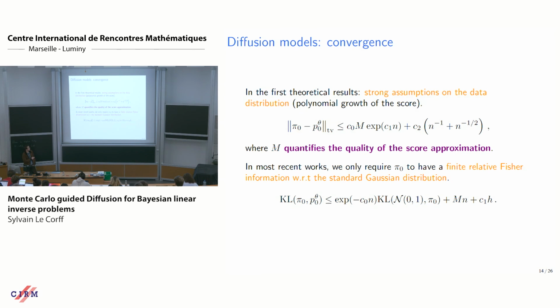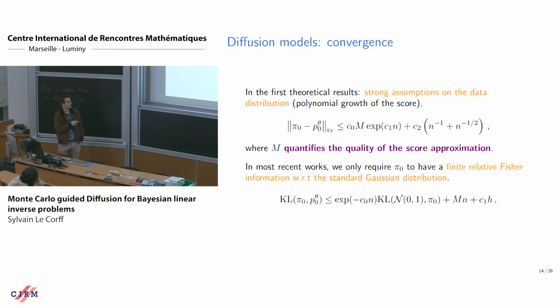What they obtain is a sum of error terms, which depends on the mixing time for the process to converge to the stationary distribution of the noising process, and which depends mainly on the Euler discretization of the backward process. And what you can see is that you've got a quantity m here, which depends on the quality of your neural network. Does the neural network approximate well the true score of the data?